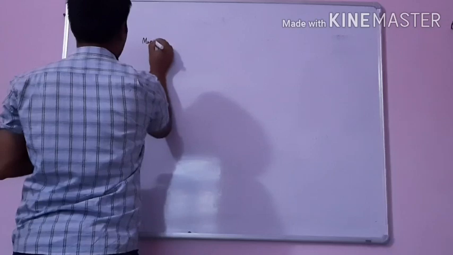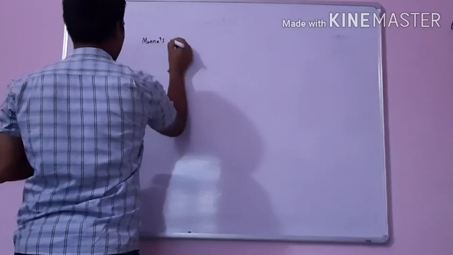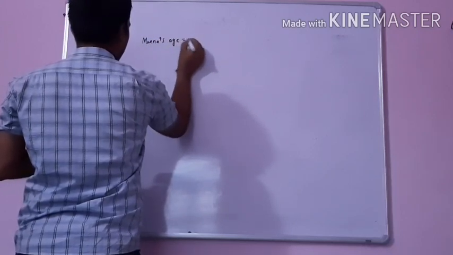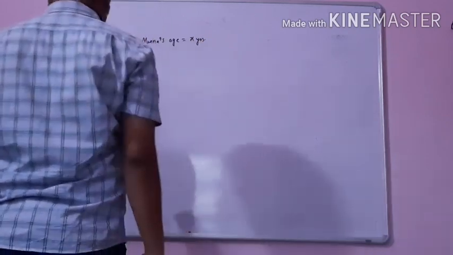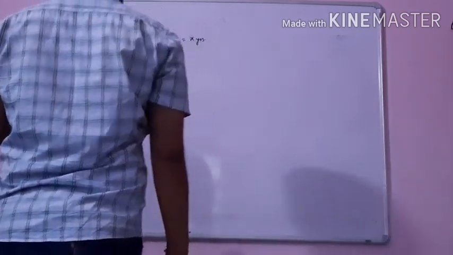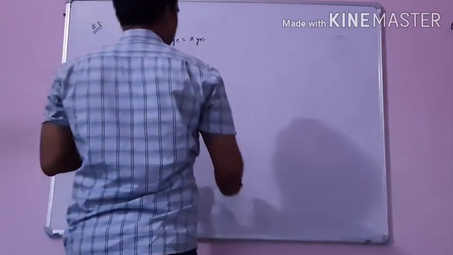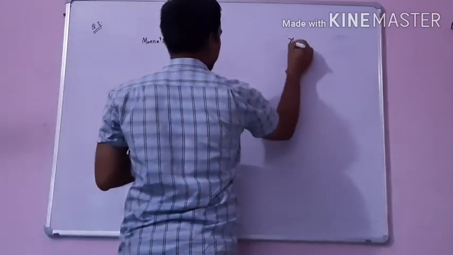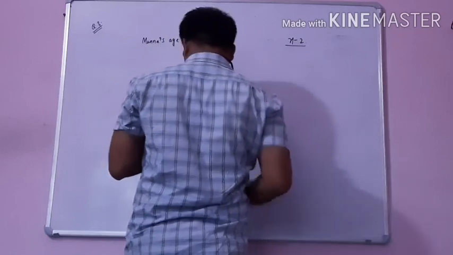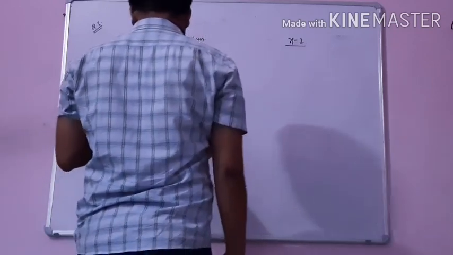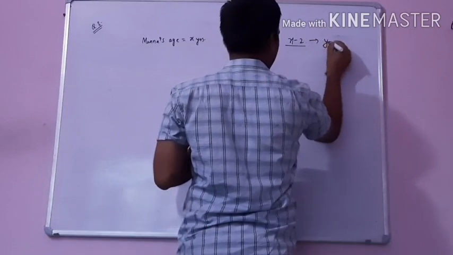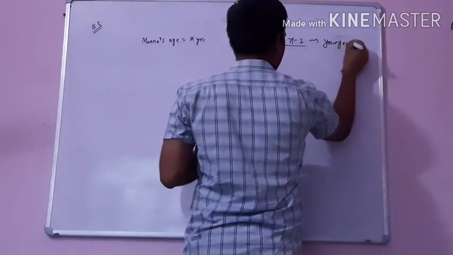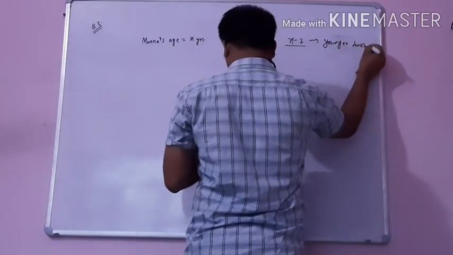So write x years. Can you guess what x minus 2 may show? We have to guess x minus 2. First, think of Munna's younger brother.